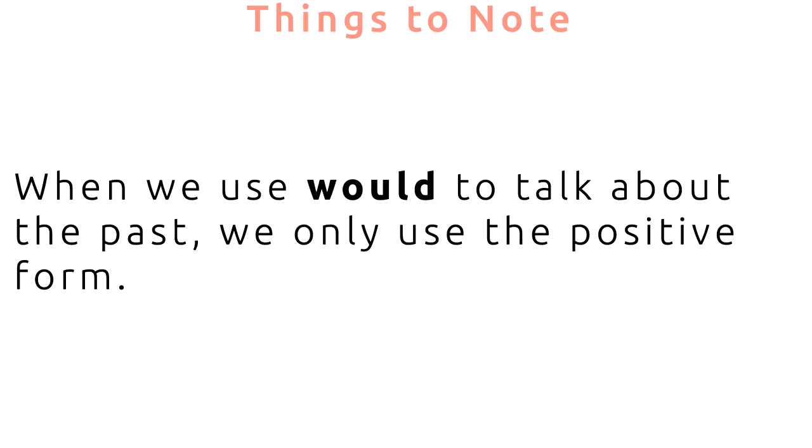There's one more thing we have to look at, and it's this. When we use would to talk about the past, we only use the positive form. So we generally only use would to talk about the past in the positive. We don't really use wouldn't in this case. So we wouldn't usually say, when I was at school, I wouldn't study maths.